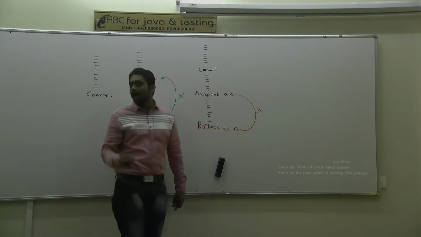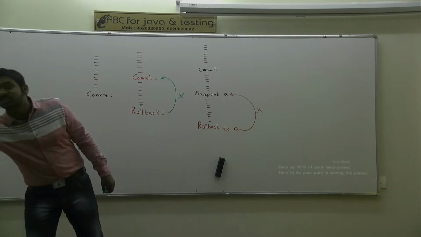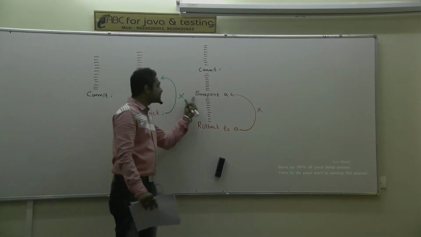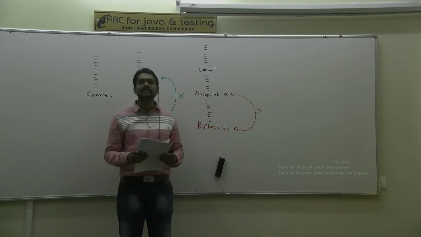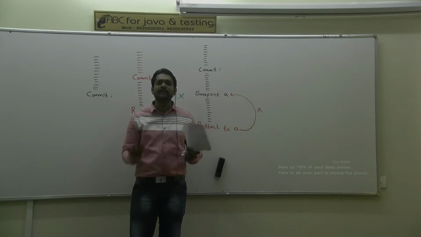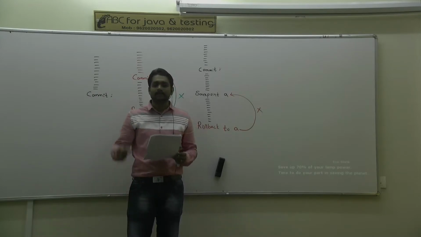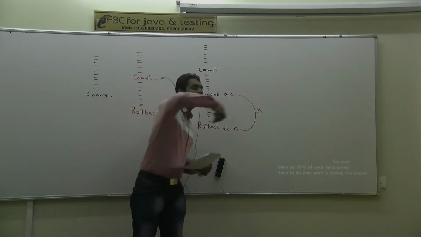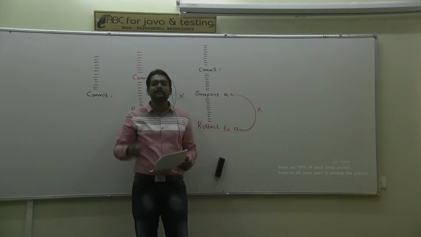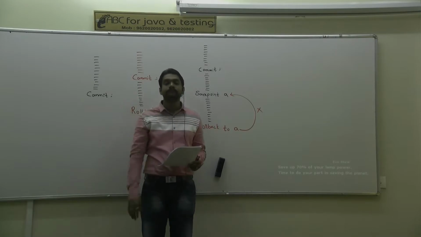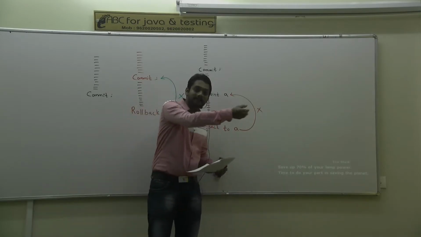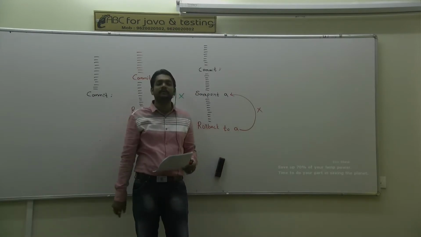Anyway, all these things are transaction control languages, which are commit, rollback and save point. All these three are transaction control languages. What is that, sir? Transaction: sending data into the database and receiving the success message, or sending a query to the database and getting a successful message.